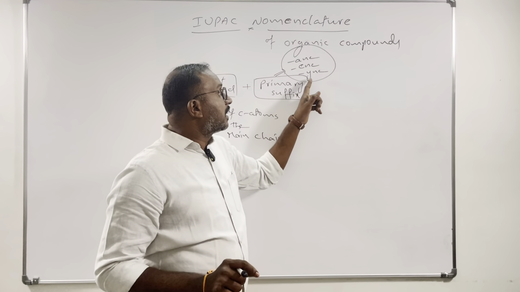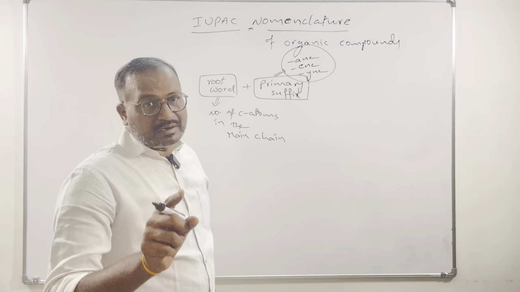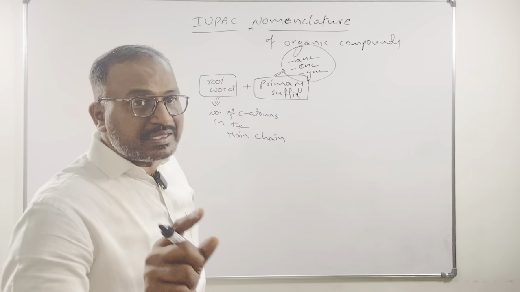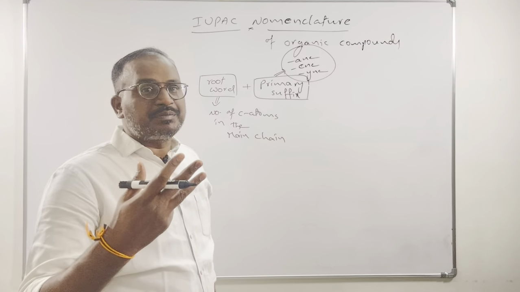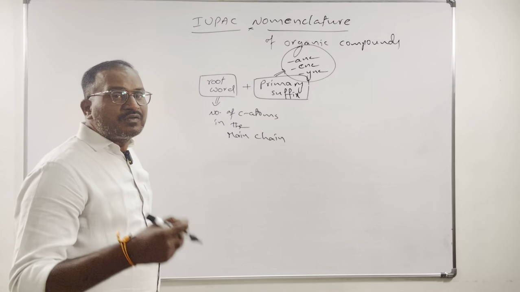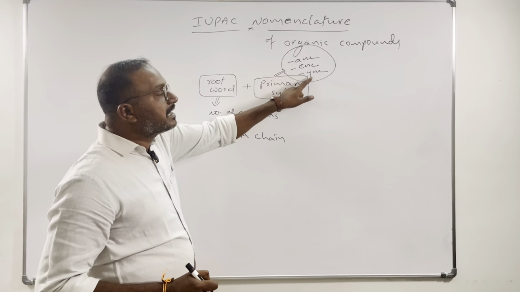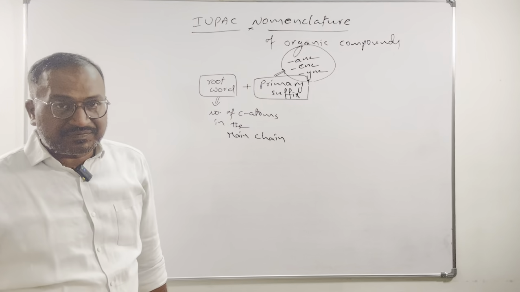If the carbon chain has one triple bond, yne should be there. Two triple bonds, diyne. Three triple bonds, triyne, with their positions. So ane, ene, yne, these three words come under primary suffix.